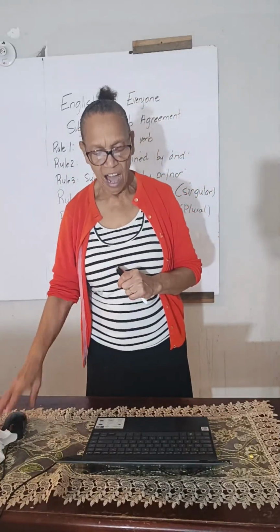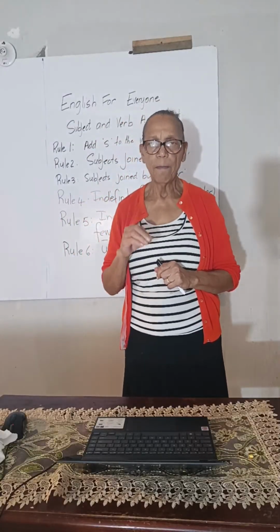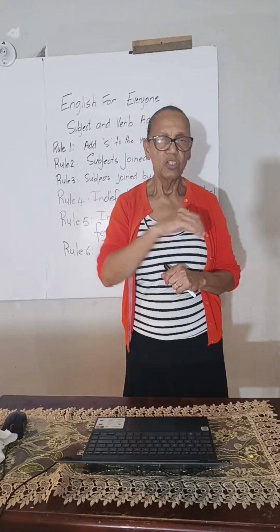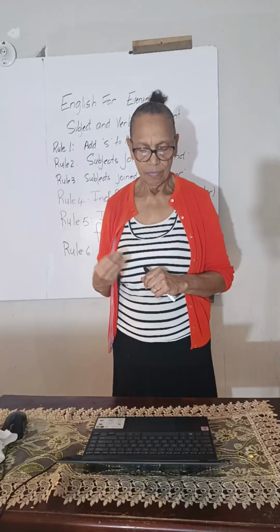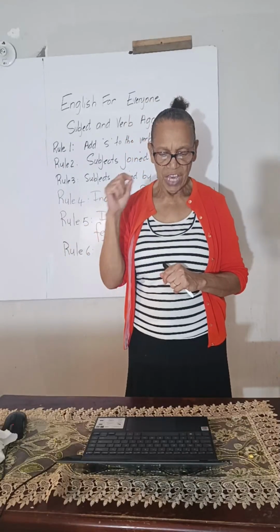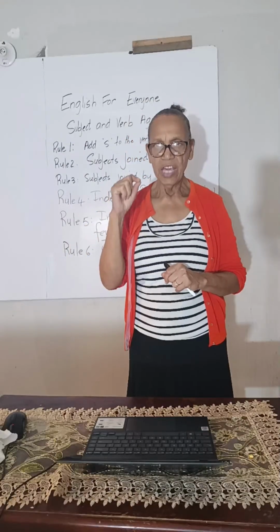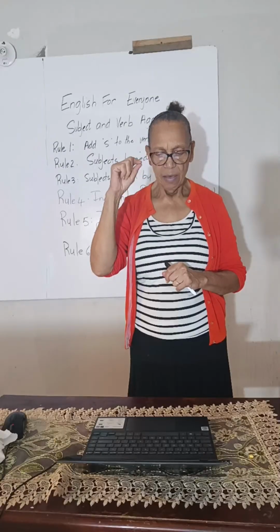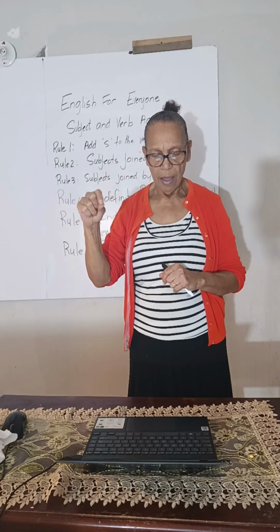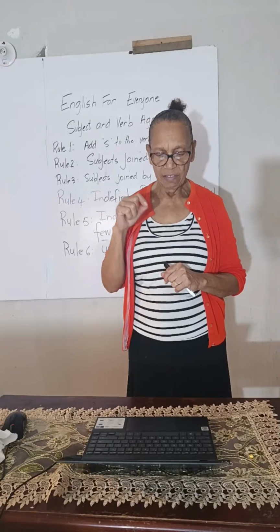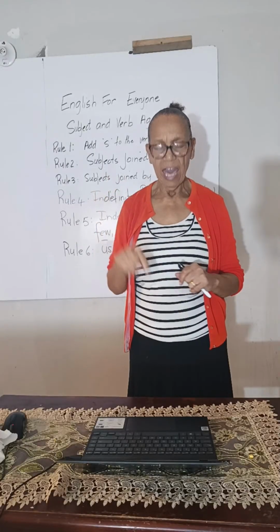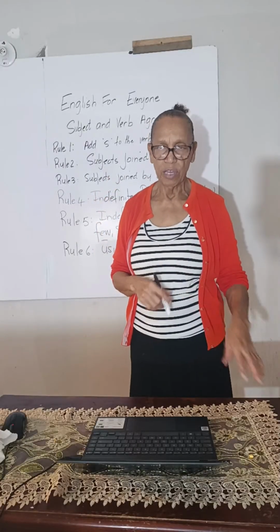Somebody is or are knocking at the door. Somebody means one, so the verb has to be one. So, somebody is. These is my book, or these are my books. Or these is or are the books I have been looking for, or I was looking for.